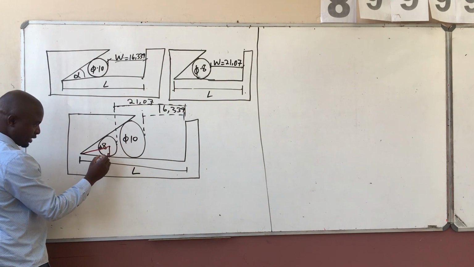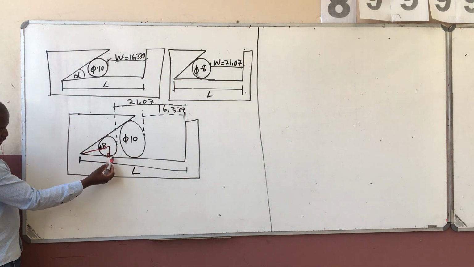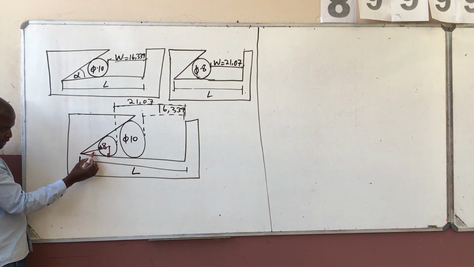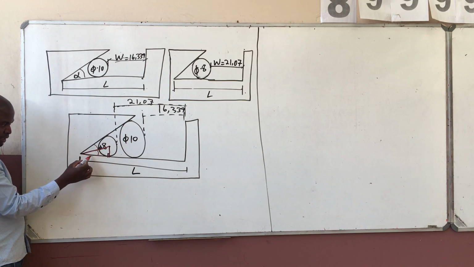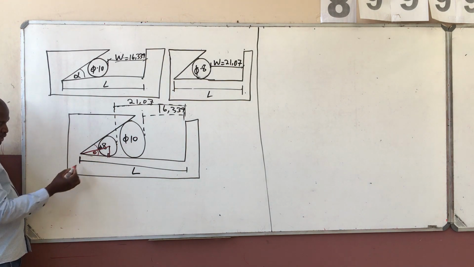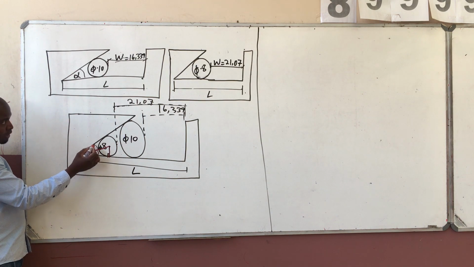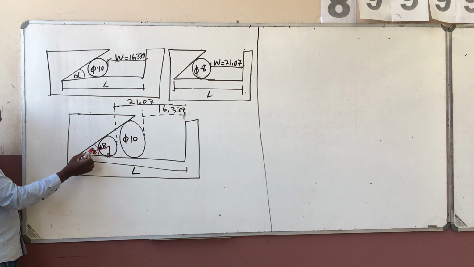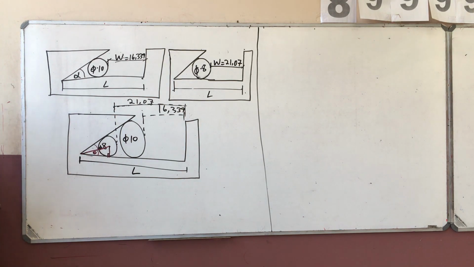There's my triangle. And we know this is a tangent, and this line bisects the angle. It means this angle here is equal to that angle. So this angle, I can name it theta. Theta plus theta is equal to alpha, as you can see there.